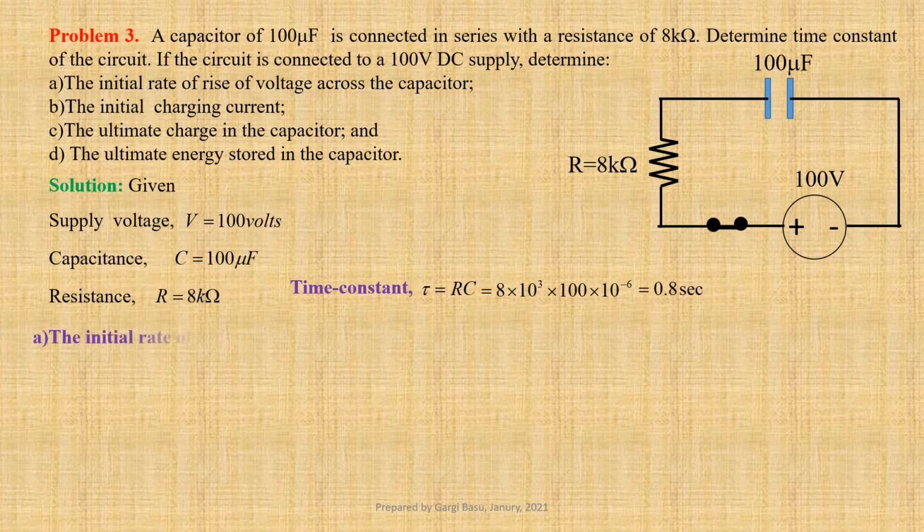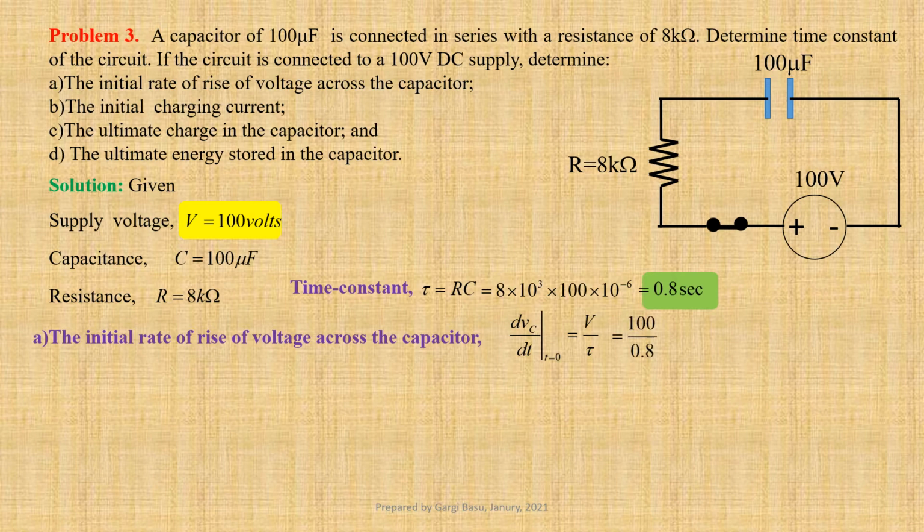The initial rate of rise of voltage across the capacitor, dVc by dt at t equals 0, equals V by tau, that is equal to 100 divided by 0.8, that gives us 125 volt per second.